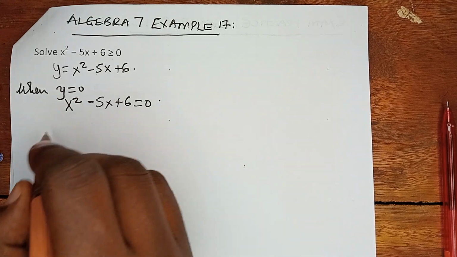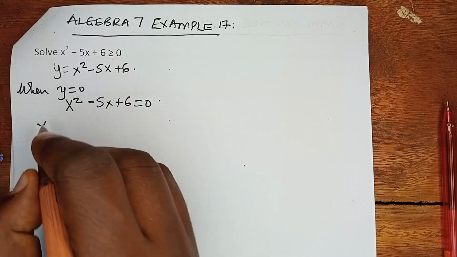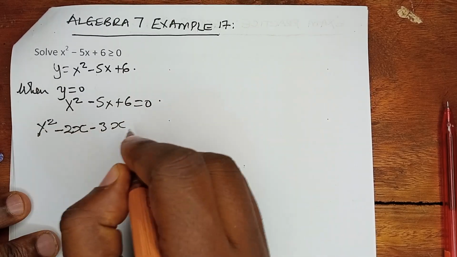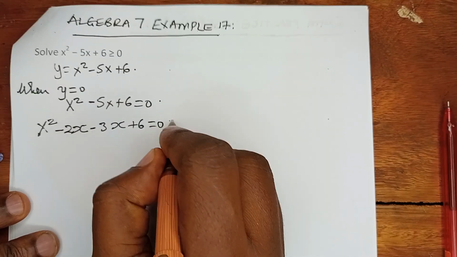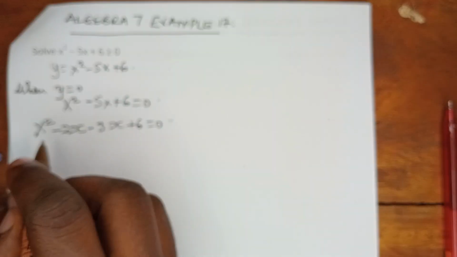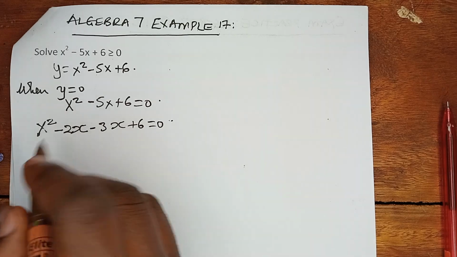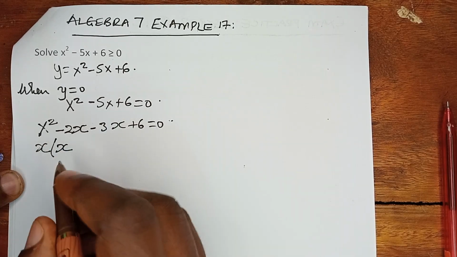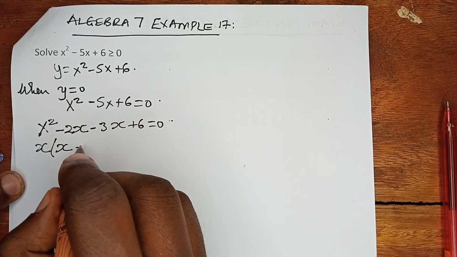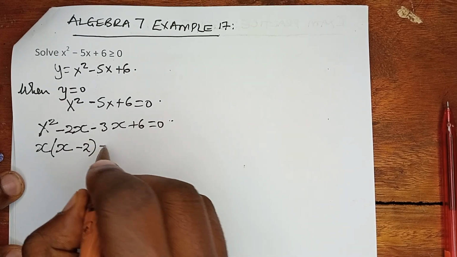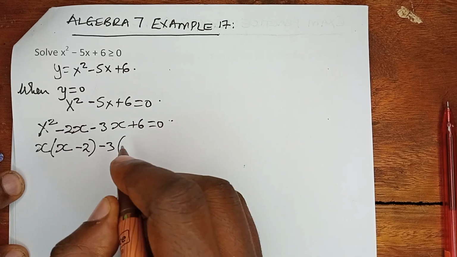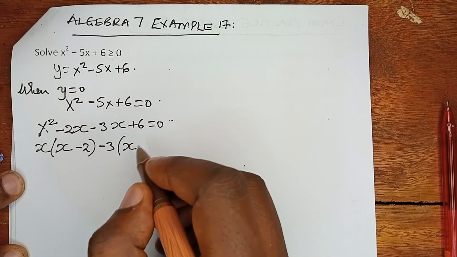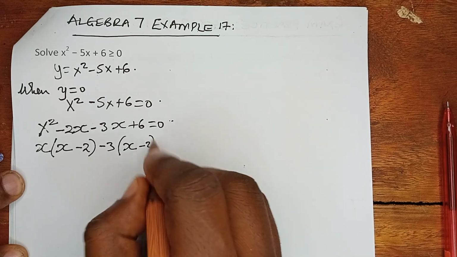So we break the middle term and have x squared minus 2x minus 3x plus 6 equals 0. What is common in the first two terms is x, so we can have x outside, and in the bracket x minus 2, and then minus 3 inside the other bracket, since 6 divided by minus 3 is minus 2.